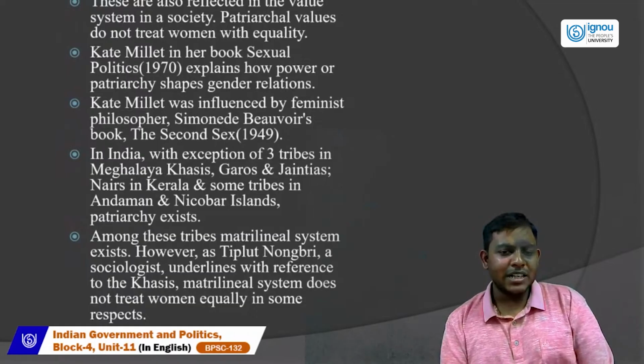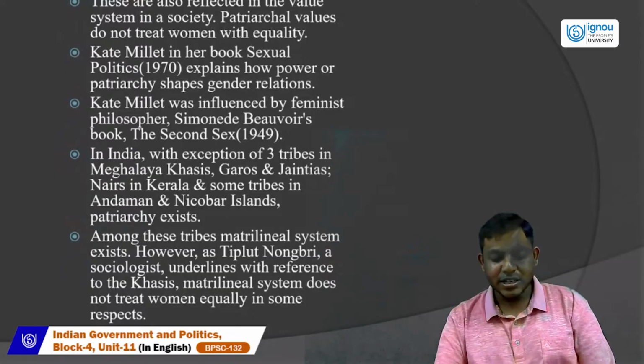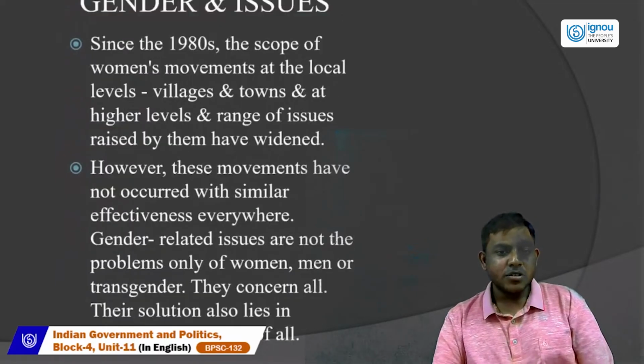In India, with the exception of 3 tribes in Meghalaya, that is Garos, Khasis, and Jaintiyas, Nayars in Kerala, and some tribes in Andaman Nicobar Islands, patriarchy exists. Among these tribes, a matrilineal system exists. However, as Tiplut Nongbri, a sociologist, underlines with reference to the Khasis, the matrilineal system does not treat women equally in some respects. So now let us discuss gender and issues.